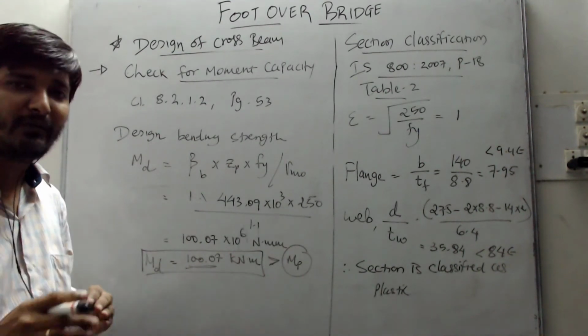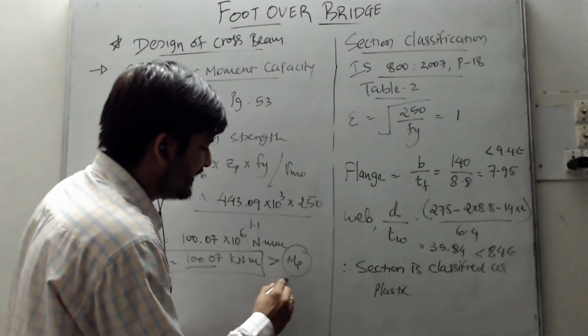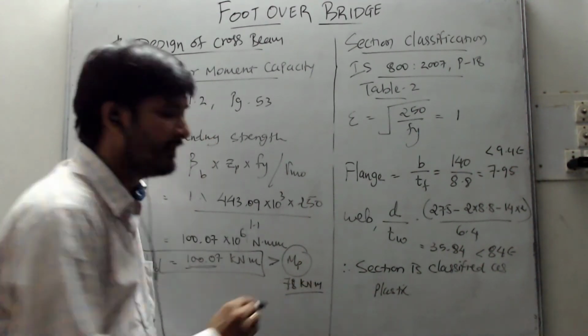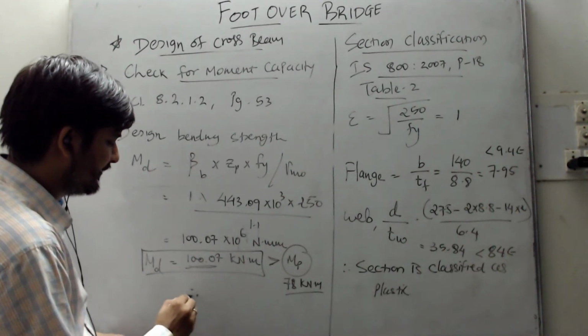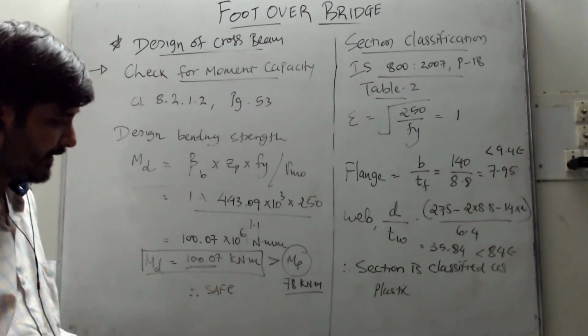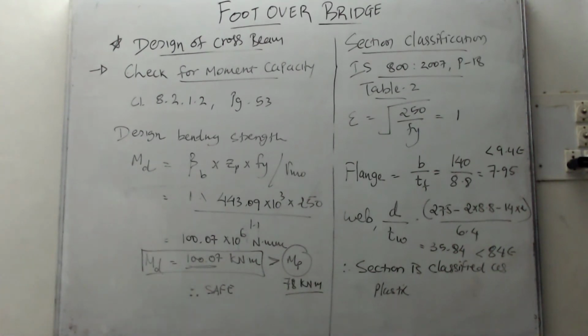Which is 78 kilonewton meter. So the capacity is higher than the actual loading. Therefore, it can be considered as safe. So we need to see page number 53, clause number 8.2.1.2. And one more check that we need to do is check for shear capacity, right?